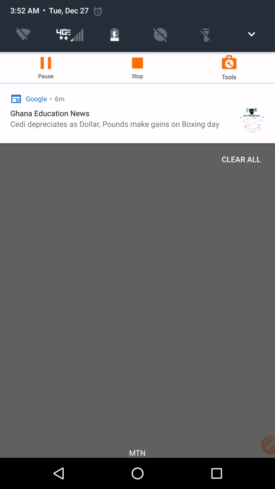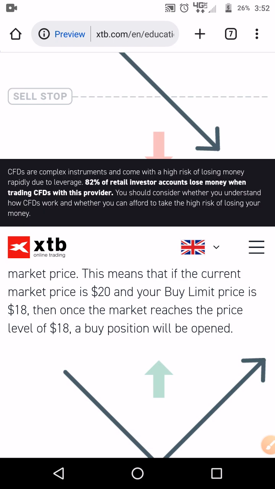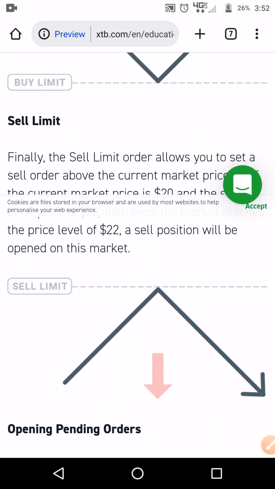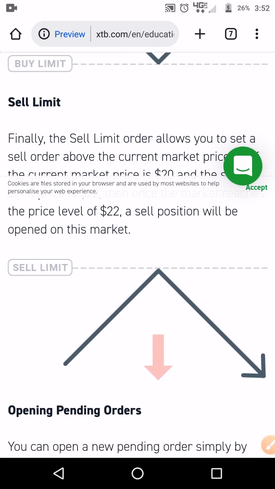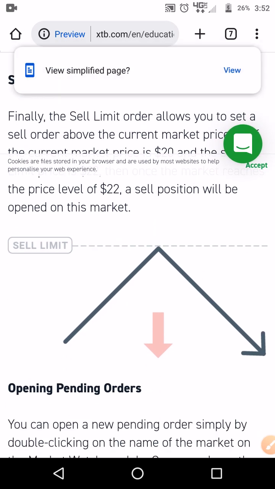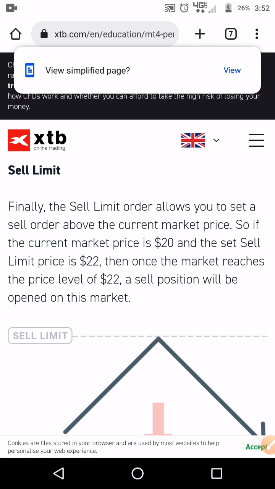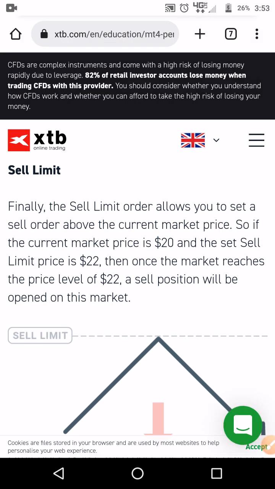It says finally, the sell limit order allows you to set a sell order above the current market price.